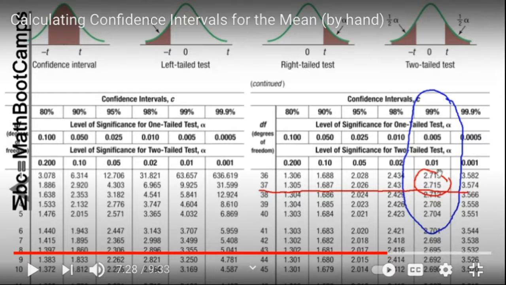Well, I guess I'll have to ask somebody. Brenda, can you see what the difference is between a one-tailed test and a two-tailed test? Brenda, are you there?